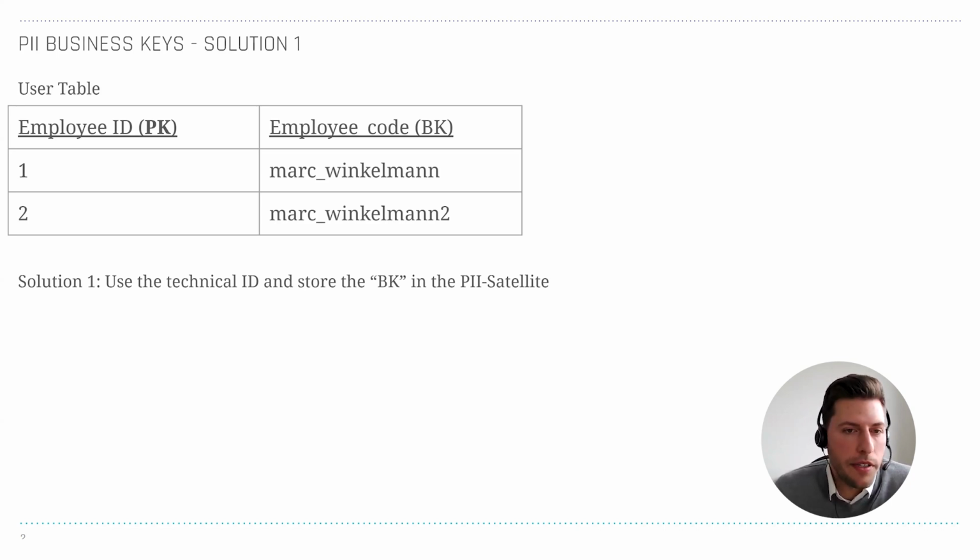Then you can simply treat the employee code, which contains the personal information, as a descriptive attribute in a satellite. You would store the business key in the PII satellite. I think it's clear that you split PII data from non-PII data to make the deletes much easier later.